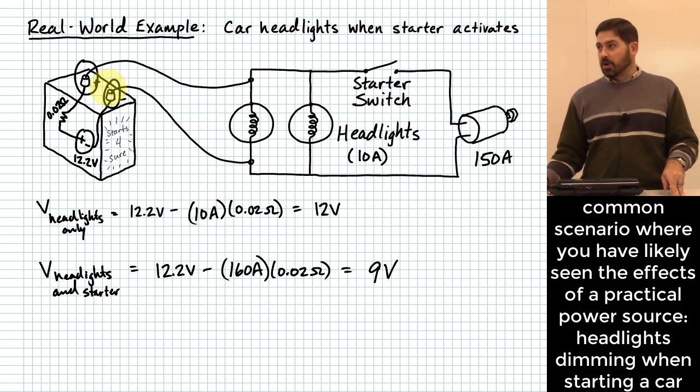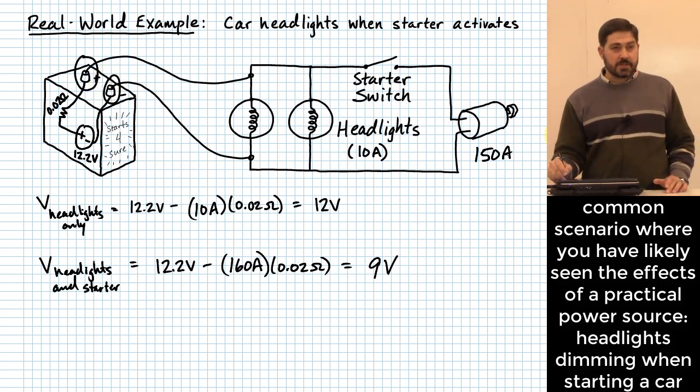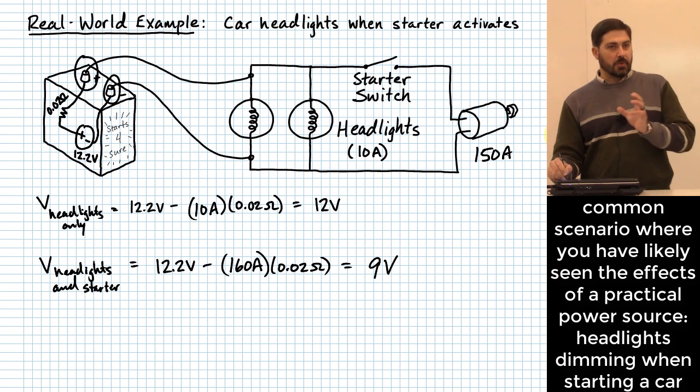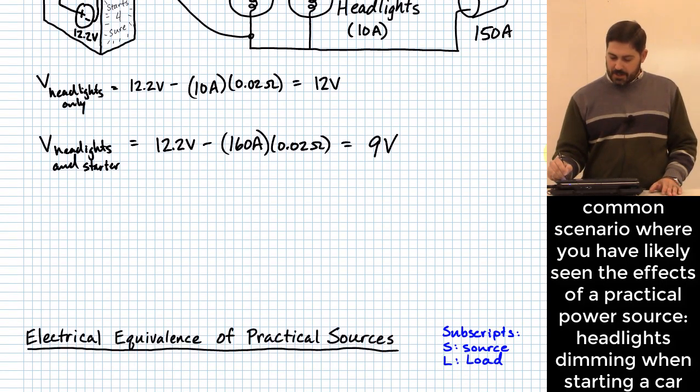It'll make your car harder to start a lot of times. Or maybe it won't start at all if you've got too much resistance in those battery cables. Okay? All right. Anyway, I like that example because it's a place where you've actually experienced maybe a real voltage source as opposed to one that is ideal.